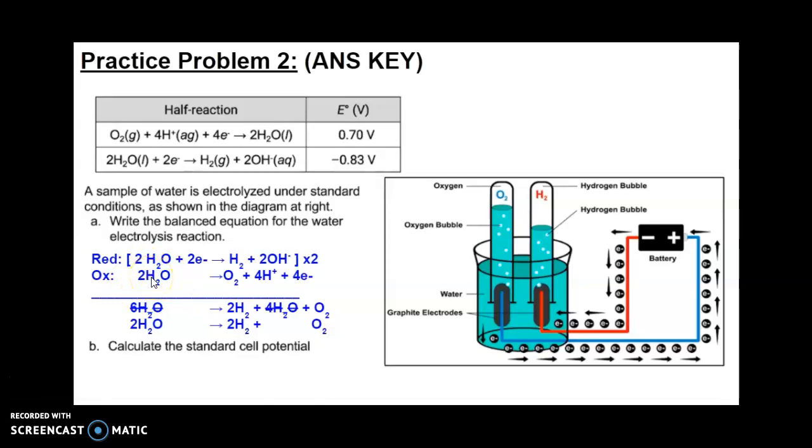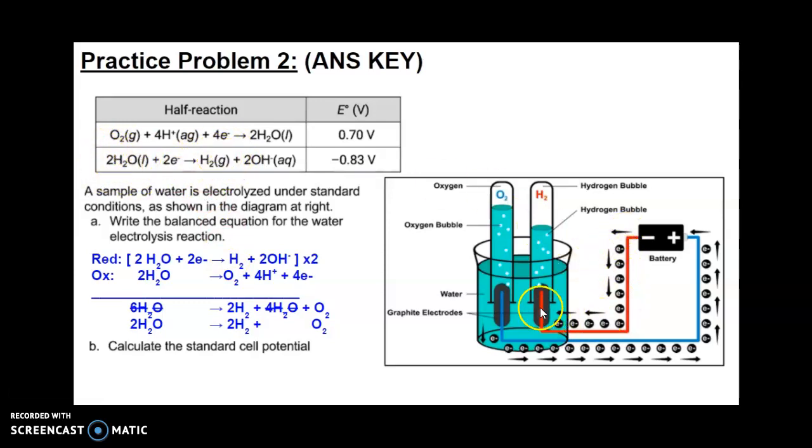We know that's oxidation because if we look at the diagram, O2 is being produced from the oxidation. We're losing electrons and producing O2, and now we have O2 as a product. Then the other one is our reduction, and we have water as a reactant and hydrogen gas as a product.